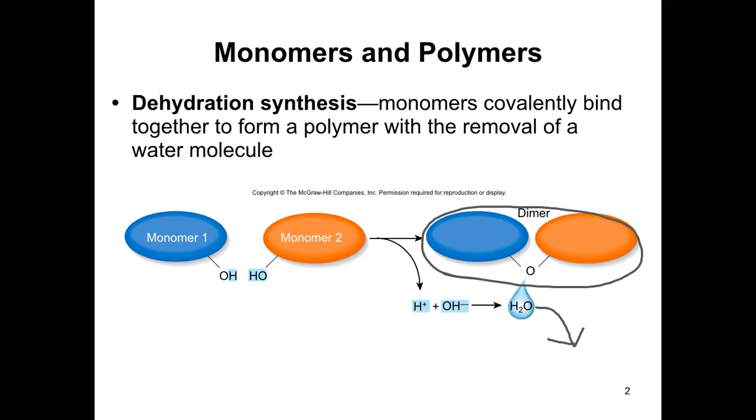So now you see that this dimer, a dimer is a polymer made of two monomers, is now connected with this oxygen linker here. And that oxygen is connecting to both of these monomers, linking them together. They have now been polymerized.